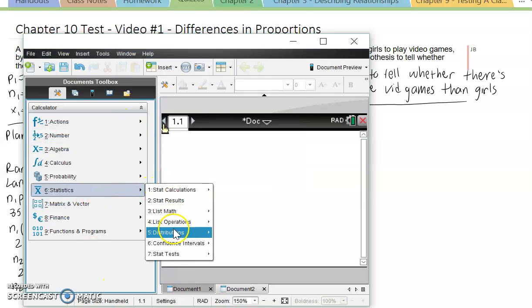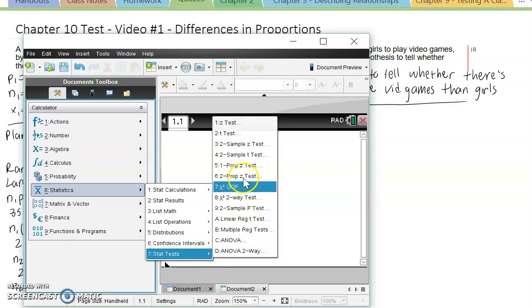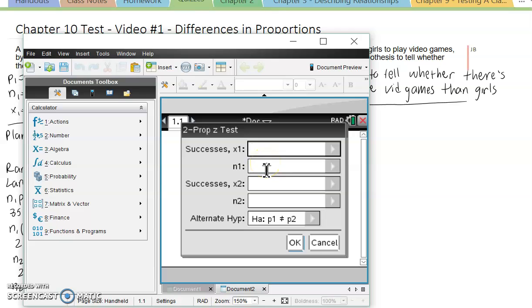So we are going to stats, test, then two-prop z-test, and then our x1 was 353, n1 was 620. Then we're just doing 217 for x2, and then 620 again.